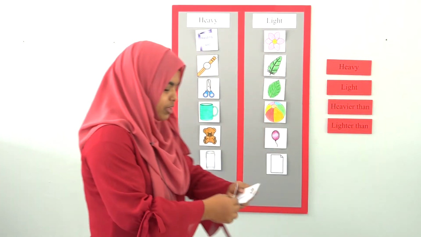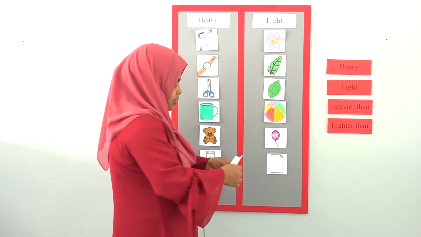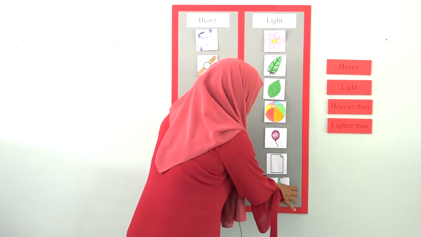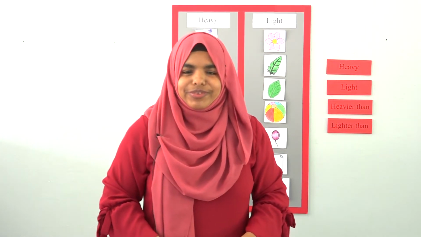The hammer feels heavy and the sanitizer bottle feels light. So, did you all complete the activity? That was fun, right? Now, let's move on to the next part of the activity.